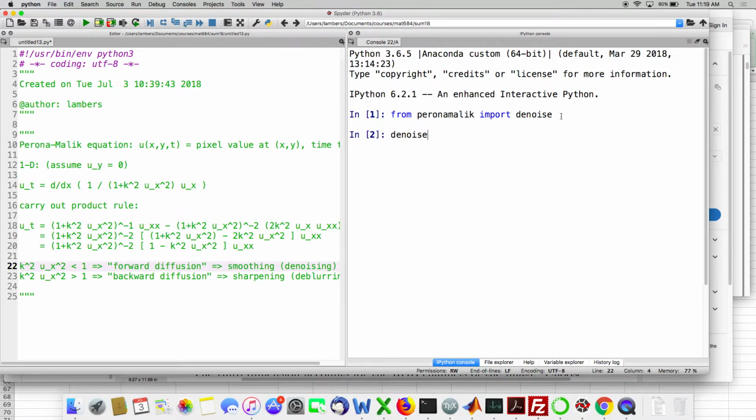I've made my function denoise accept a single parameter k, the value of the coefficient k that I use in here. And I'm going to choose one that, even though it seems small, is actually relatively large for my purposes. And I'm going to choose a few different parameter values and show you the effects.